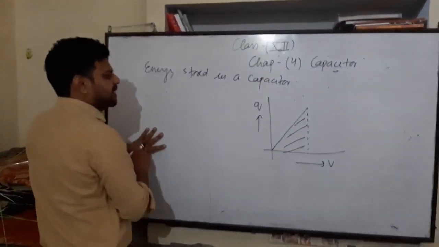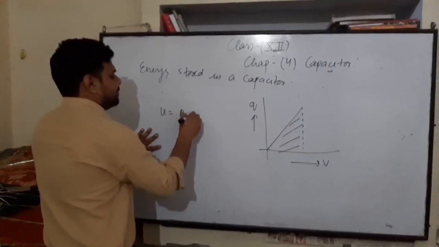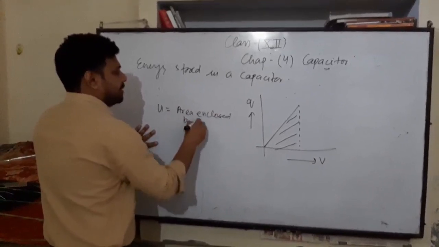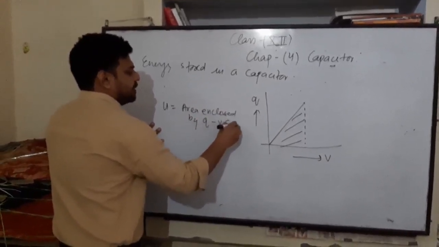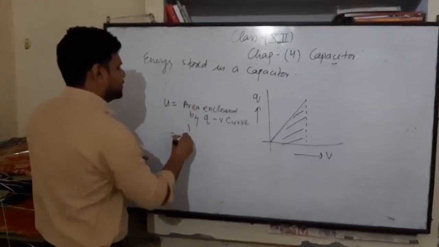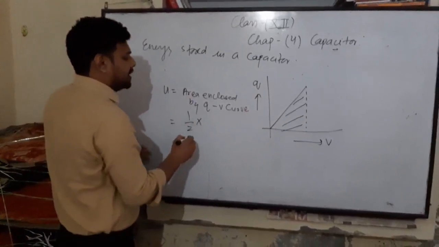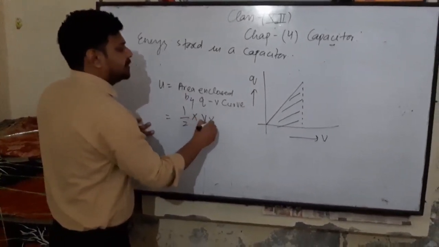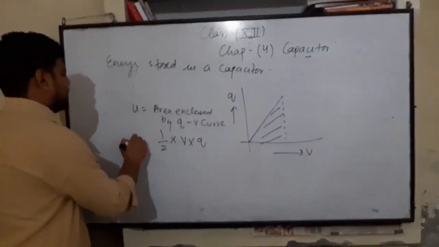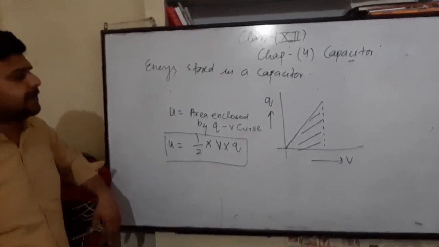So from this figure, energy stored is equal to the area enclosed by the QV curve. This is a right angle triangle. The area of a right angle triangle is 1 by 2 into base, which is V, into height, which is Q. So this is the graphical method for finding energy stored in a charged capacitor.